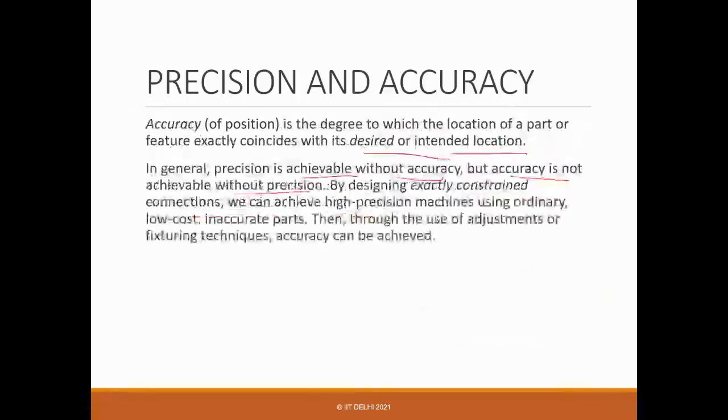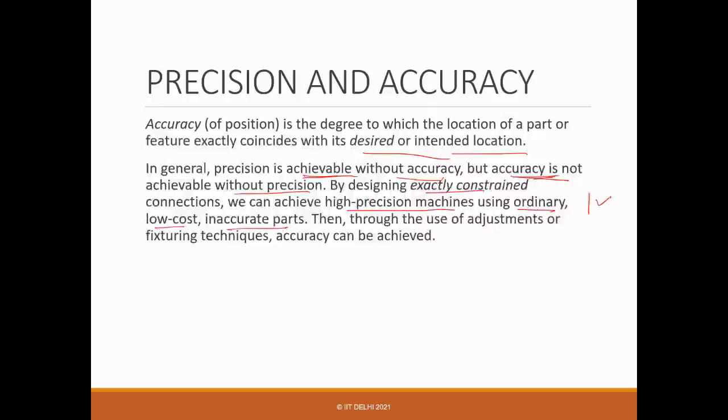So what it says, precision is achievable without accuracy, even if it's not very accurate, you still can achieve precision, high repeatability, but accuracy you cannot achieve without precision. And that's the difference. And by designing exactly constrained connections, we can achieve high precision machines using ordinary, low cost, inaccurate parts.